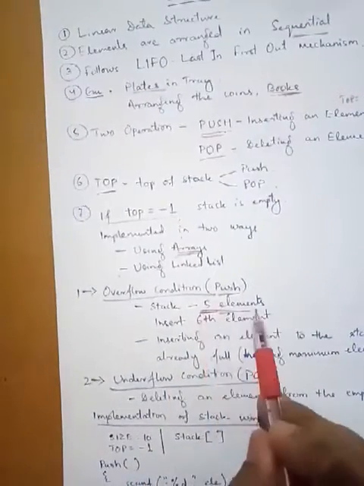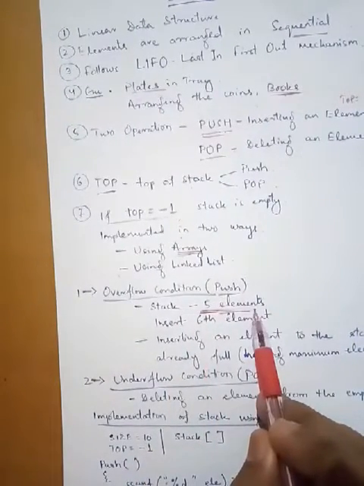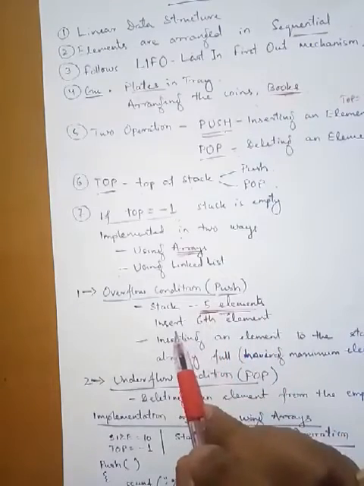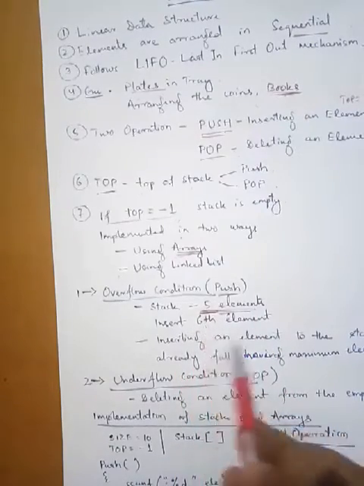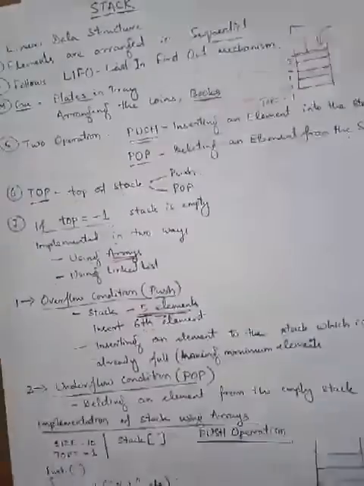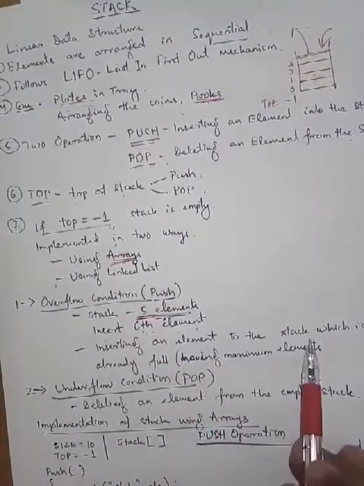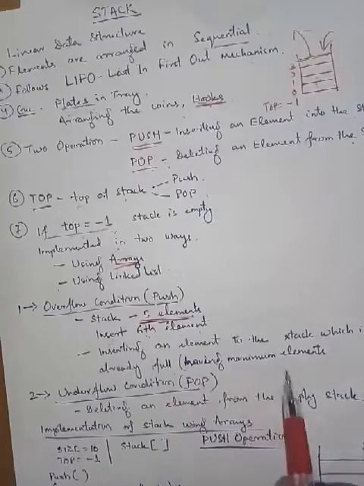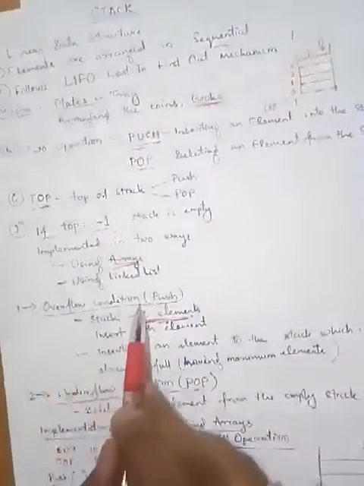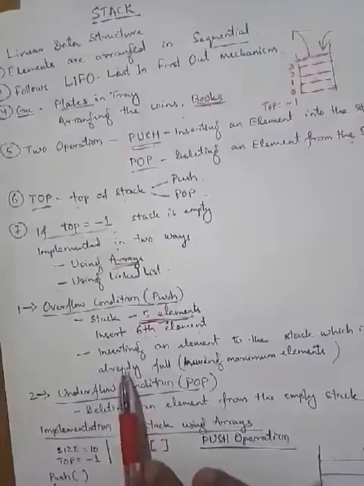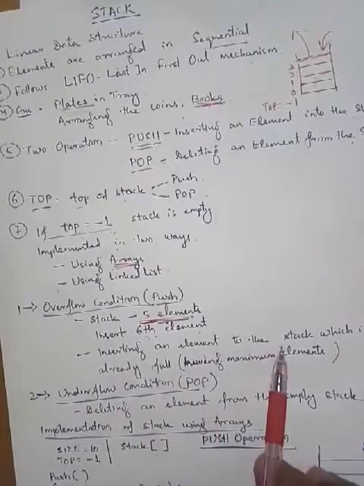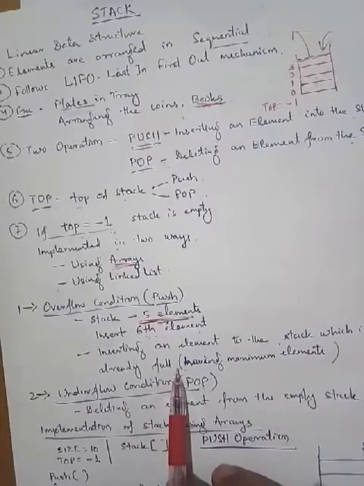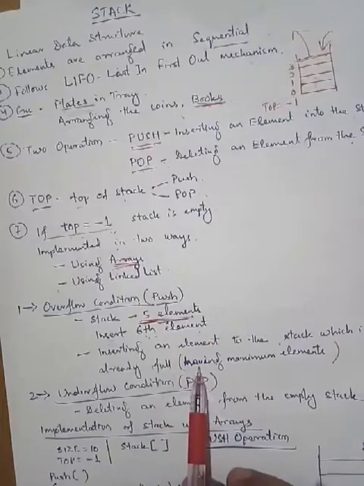So here if there are 5 elements in the stack, then you cannot insert the 6th element. Inserting an element to the stack which is already full or having maximum elements, that is the overflow condition.